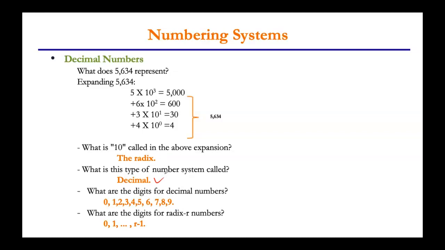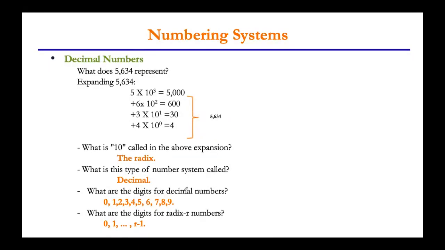And what are the digits for decimal numbers? It uses 10 digits, starting with 0 and ending with 9. So the total is 10. The combination of 0 to 9 represents every number.